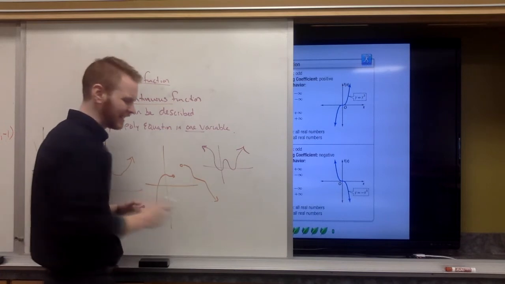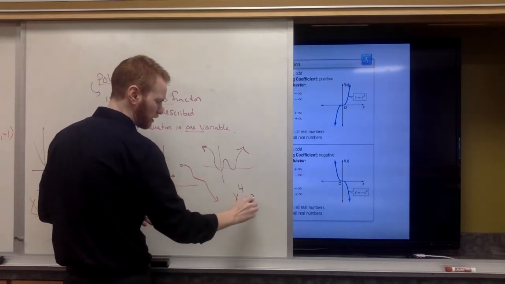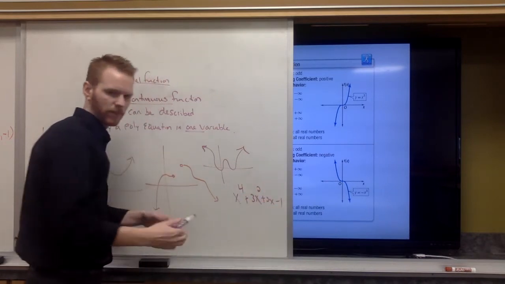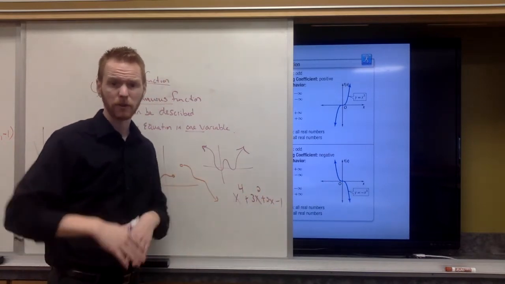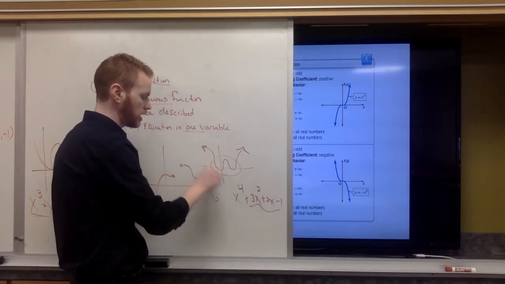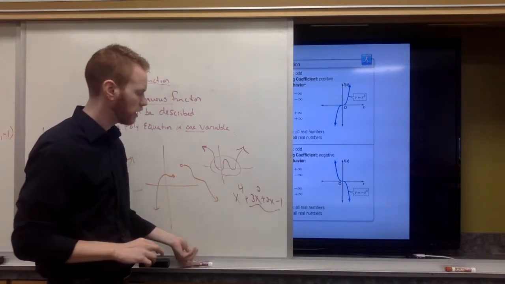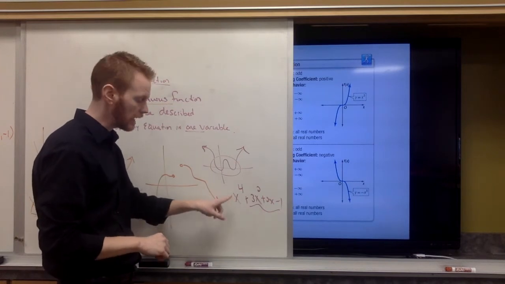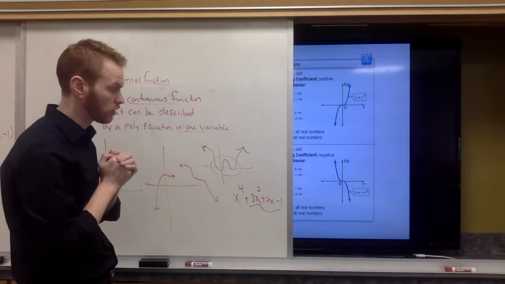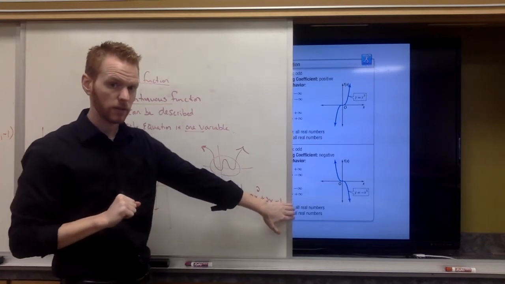Like x to the fourth plus 3x squared plus 2x minus 1. I'm not saying this is the graph for it, just an example. The other terms will change whatever the middle part gives you. But the leading coefficient and the leading term will always tell you what direction the left and right parts of the function point.